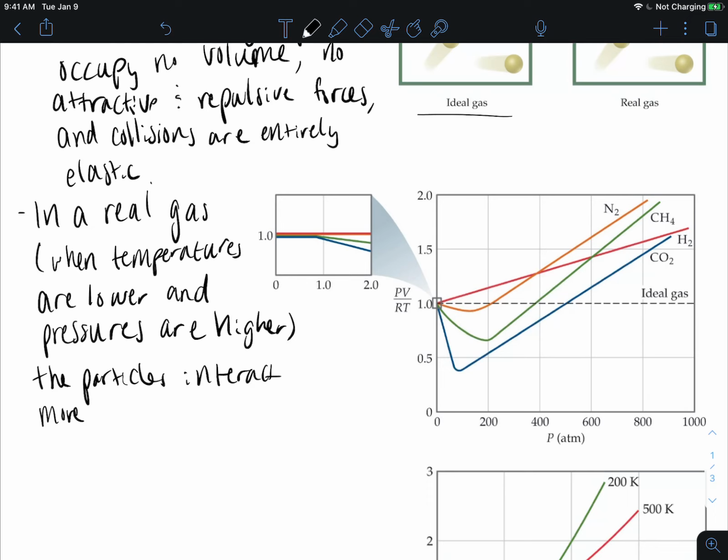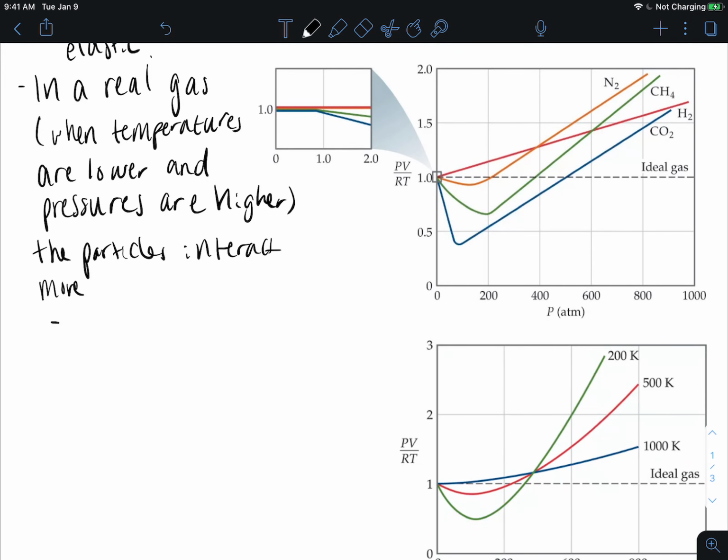And what this means is we don't have perfectly elastic collisions, and it's not the case that there are no attractive or repulsive forces going on. Now there are attractive and repulsive forces.